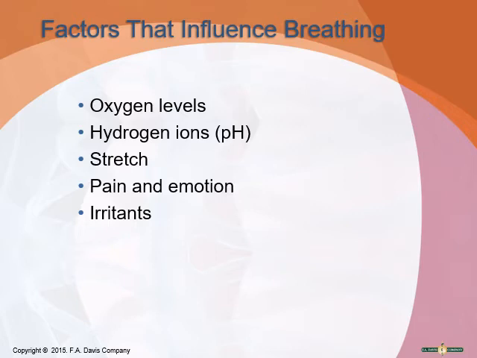Hydrogen ions are one of the byproducts of glycolysis. So the drop in the blood oxygen, as well as the increase in hydrogen ions, are sensed by these chemoreceptors I just mentioned. And this causes our breathing rate to increase. This is why we start breathing harder when we exercise.